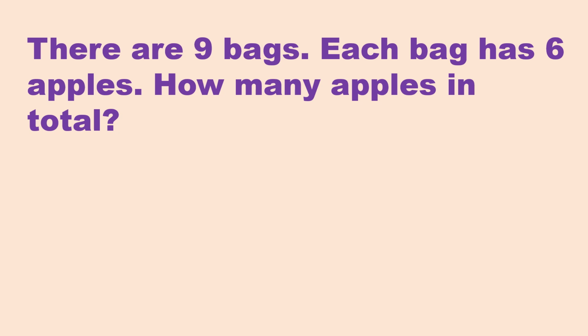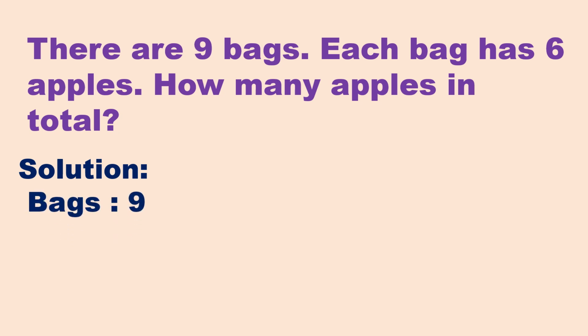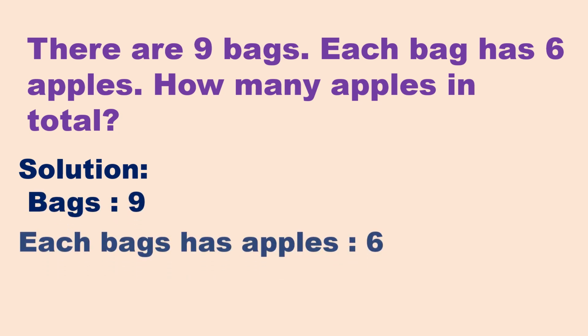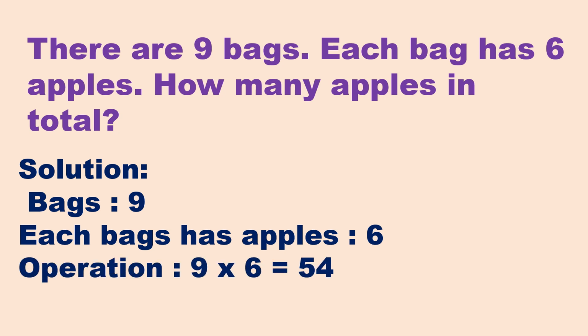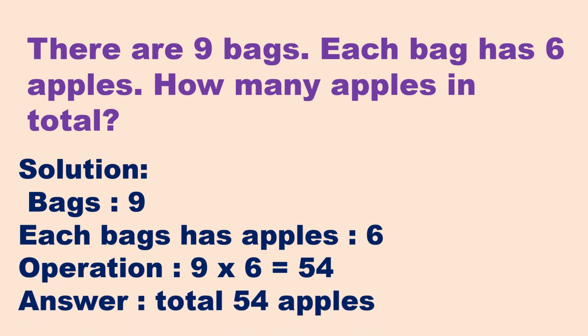We have to find how many total apples there are. So when groups are given and we have to find the total, it is multiplication. The word each tells us we have to multiply. So the operation will be 9 times 6 equals 54. So there are 54 apples in total.